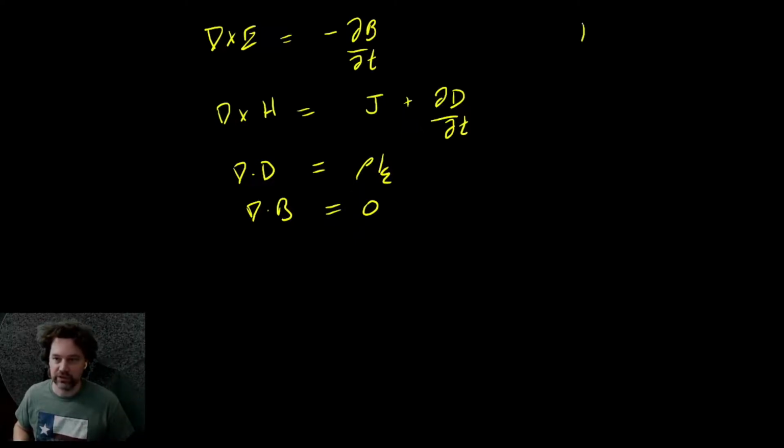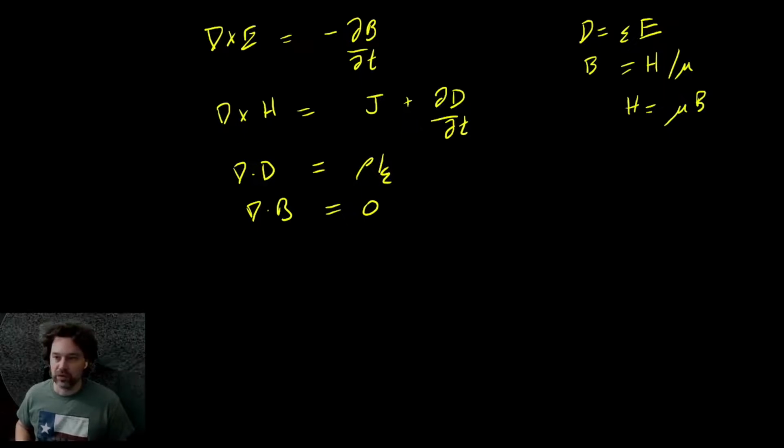So a reminder that we are going to substitute D equals epsilon E and B equals H, I guess it's H over mu, or H equals mu B. And we're also going to use the speed of light in the medium as c equals 1 over the square root of mu epsilon, and we're going to write eta as the square root of mu over epsilon.